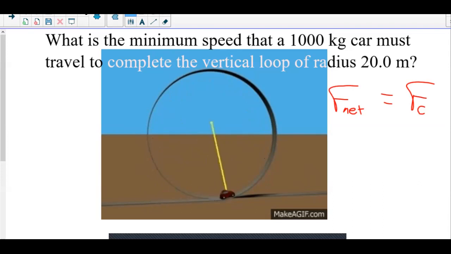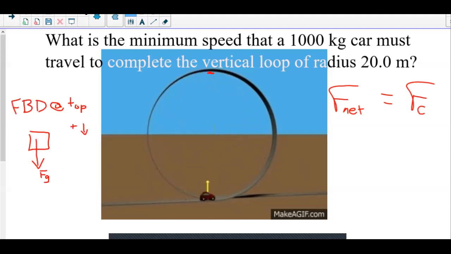So as the car is going around the loop-the-loop, it would have a net force, and since it's going in a circle, that force would have to be equal to your centripetal force. Now, its speed is changing as it goes around, but we're looking for the slowest possible speed, and if the car maintained that slow speed all the way around, and that speed was uniform, then this equation will more or less work out the basics.